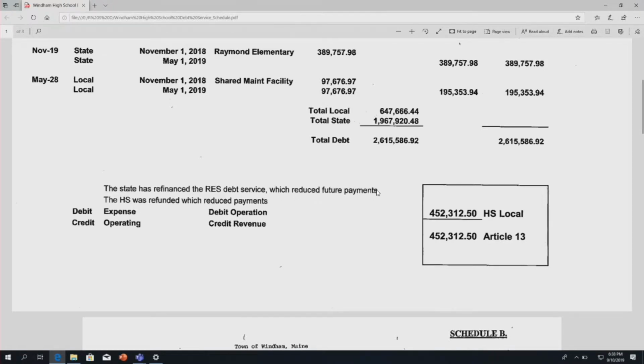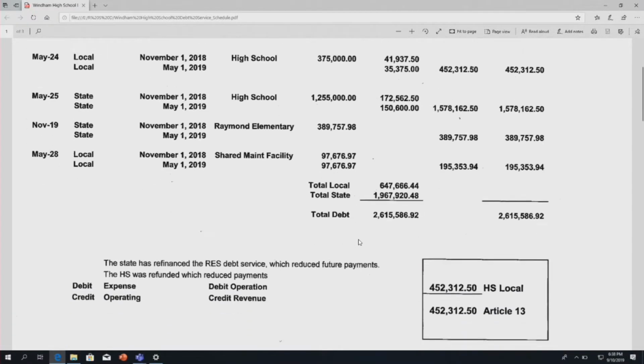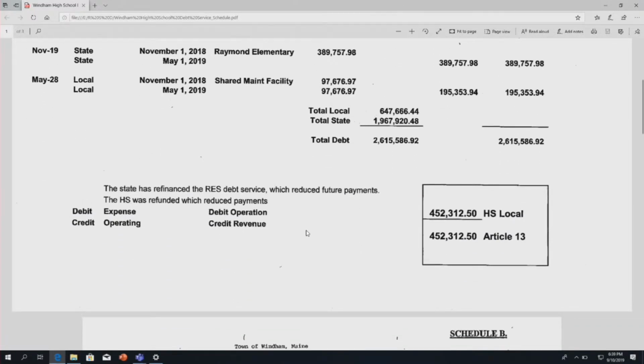I thought that school was paid off. It should have retired last year. No, we didn't have any debt on that. Wait, I'm reading it wrong. I was looking at May 2019. And the high school was refunded, which I'm not sure how differs from refinanced.